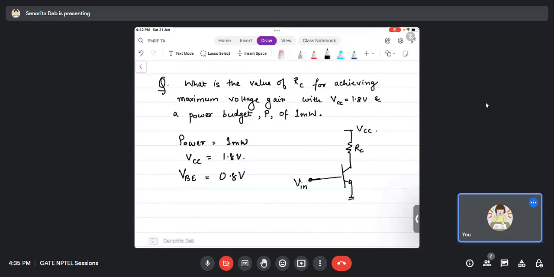So take the condition that VCE is equal to VBE. In this case VCB will be just 0 volts, right? VCB 0 volts is your edge of saturation. So take this condition and now tell me what value of RC and AV, the voltage gain, you are getting.